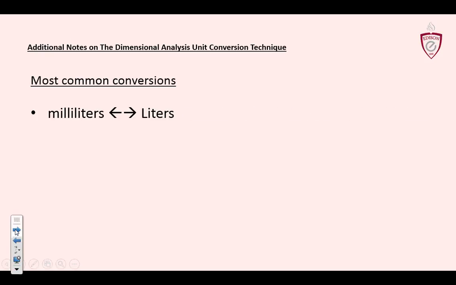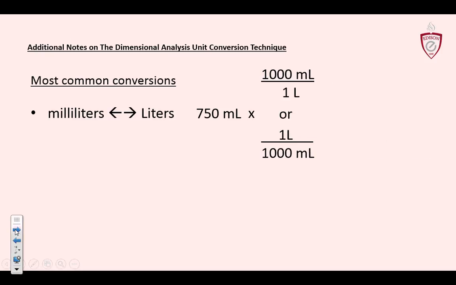Most common conversions. We're going to do one with milliliters to liters. You could use King-Henry on this, but I just want to show that dimensional analysis or unit cancellation works as well. So we're going to go from milliliters to liters. We have 2 conversion factors to choose from. We could say 1,000 milliliters per liter, that's the top one, or 1 liter per 1,000 milliliters, that's the bottom one.